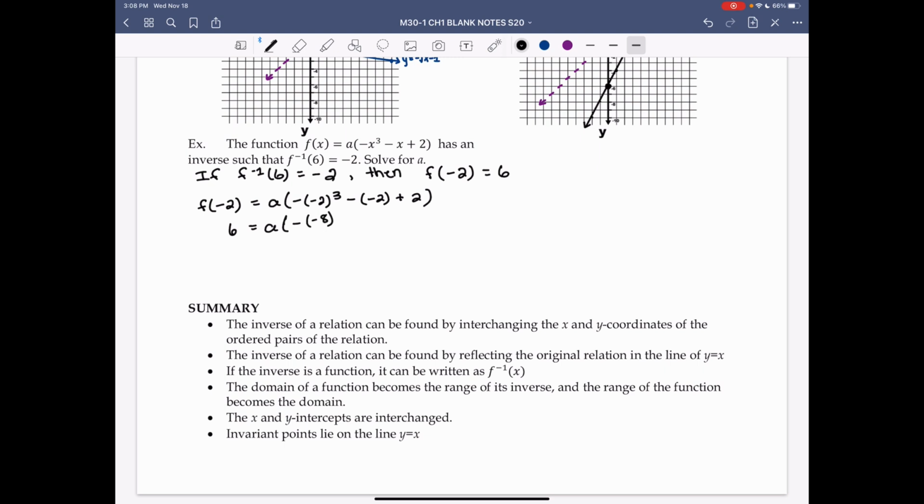Negative 1 times negative 2 is plus 2, and then plus 2 again. Then we have 6 equals a. Negative 1 times negative 8 is 8, plus 4. Then we have 6 equals a times 12. Divide both sides by 12, and we get a equals 1/2.